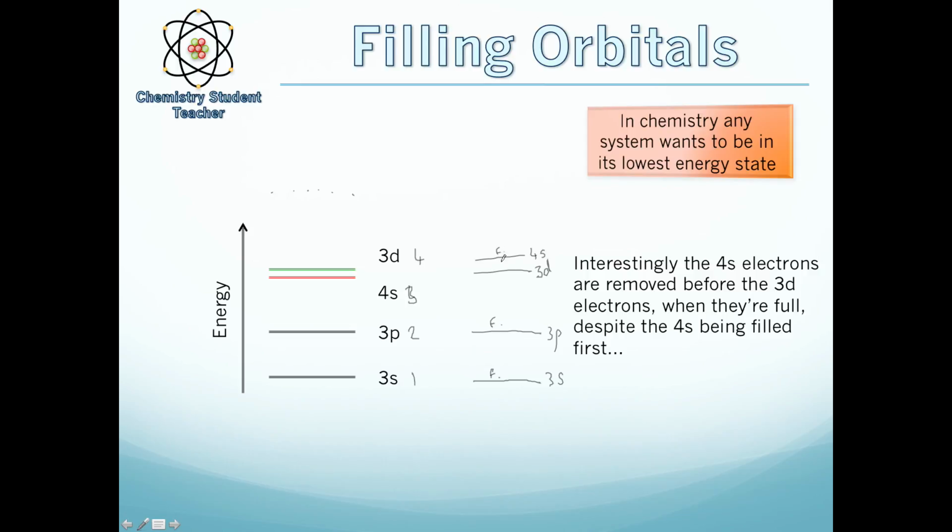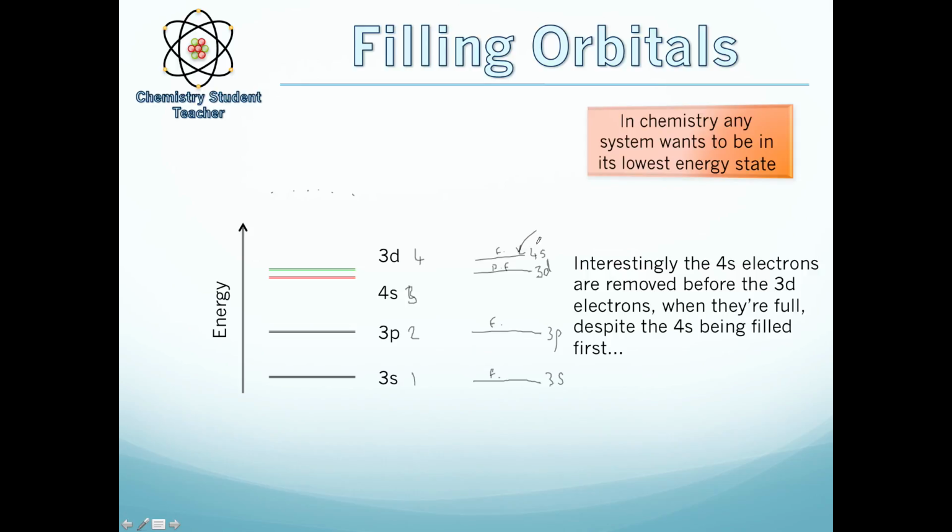If the 4s is full, it's slightly higher in energy, which is really, really interesting. So when you make an ion, say in the transition metal series, which you'll more likely cover in A2, you would remove the electrons from the 4s first.